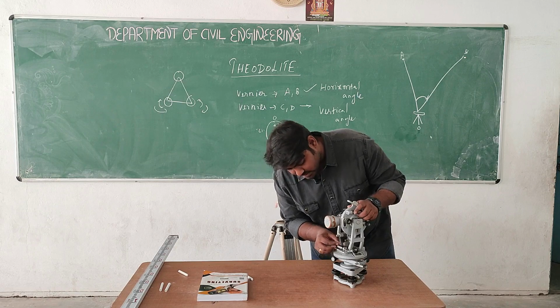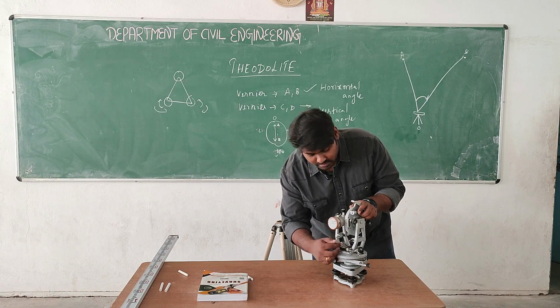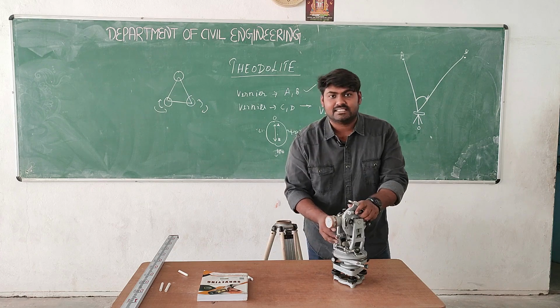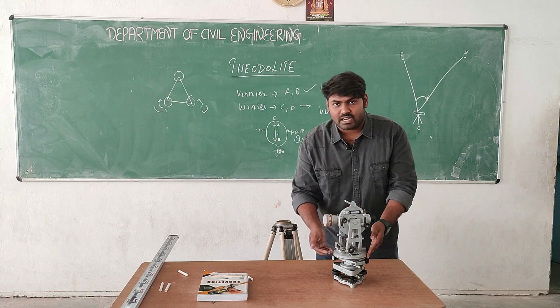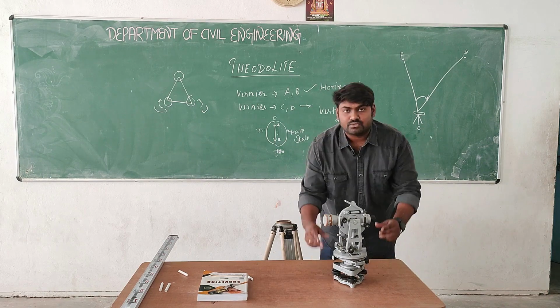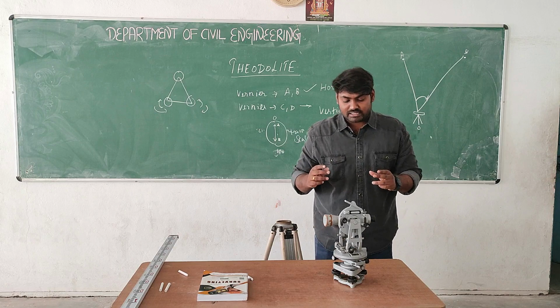Here we have a leveling tube. With this leveling tube we can easily find out whether the plane is horizontal or not, using the foot screws clockwise or anti-clockwise.